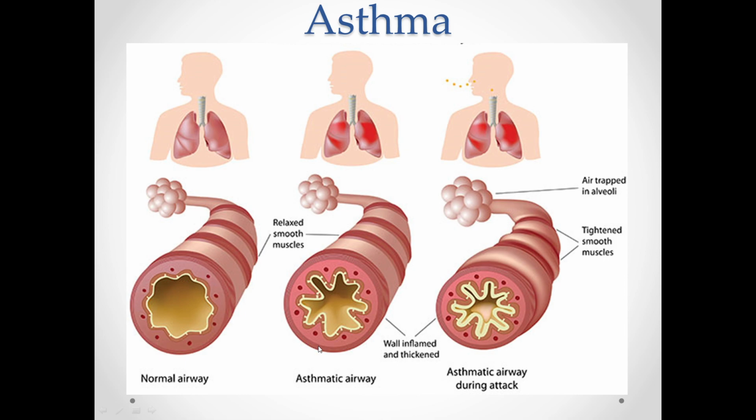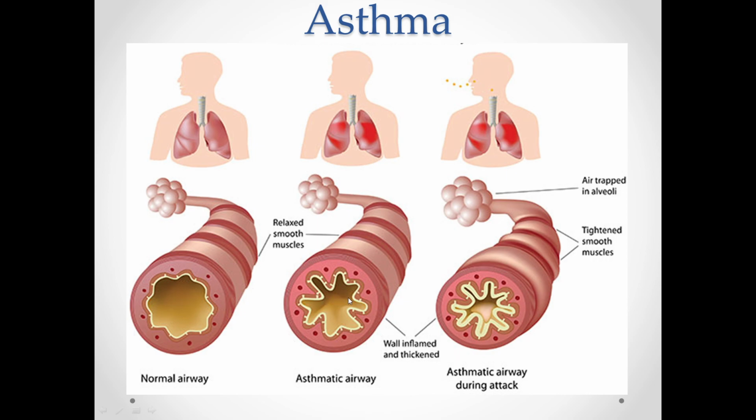Now, if somebody has asthma, asthma is a chronic smooth muscle cell remodeling process, such that there's hypertrophy and hyperplasia of those smooth muscle cells. So they're hypertrophied, but they're also increased in number, such that there's a decrease in the overall diameter of the bronchial tree here, its overall bronchi.